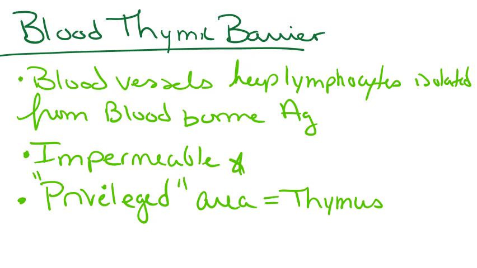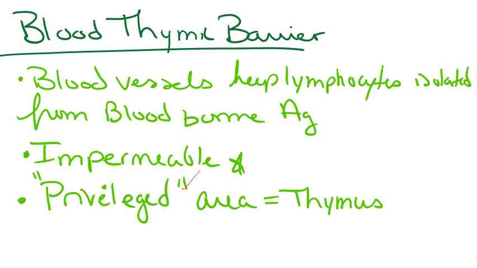So what's the blood-thymic barrier? Well, the thymus is a privileged area, meaning that we don't have the thymus exposed to antigens that we encounter every day. So blood vessels keep lymphocytes isolated from the blood-borne antigens. And what that means is, remember, we only allow our T cells that need to be matured into the thymus.